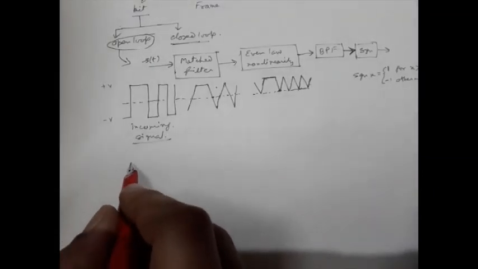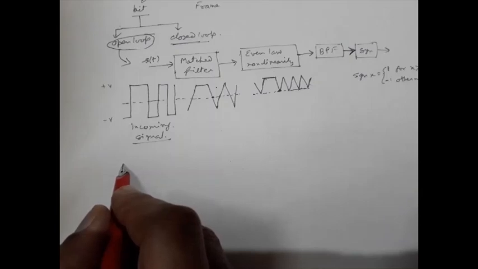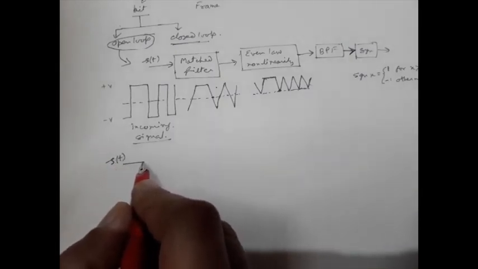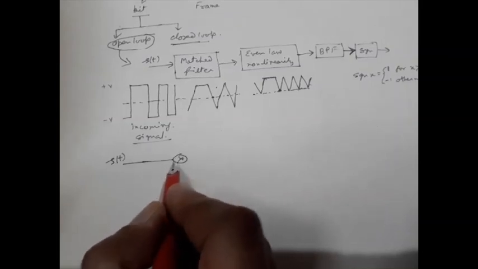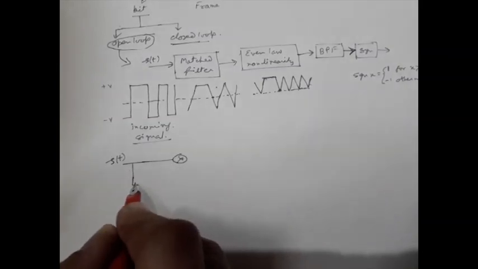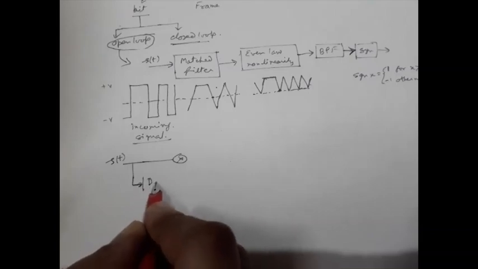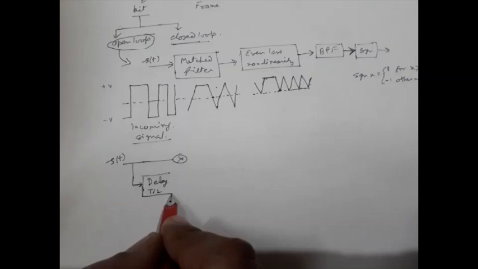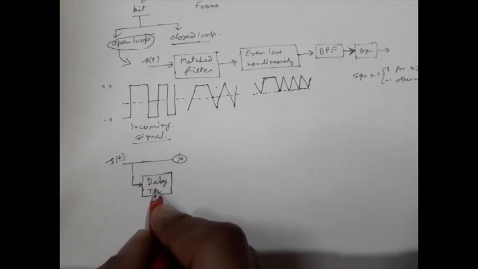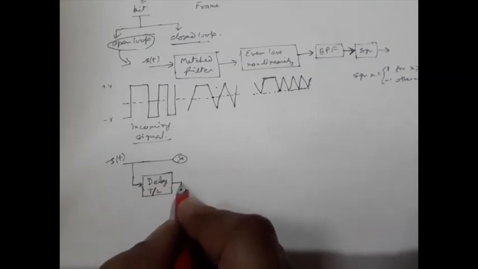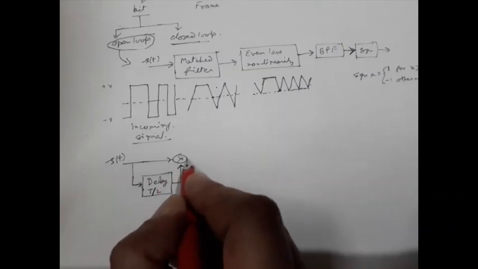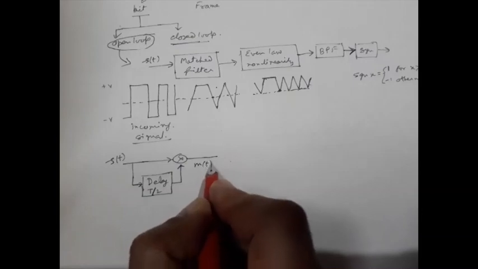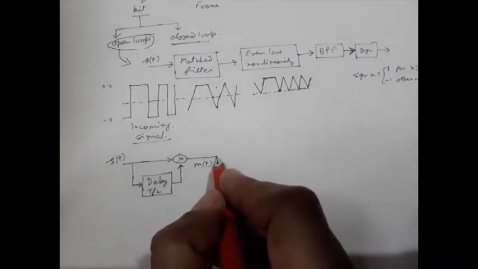So consider another example. Say this is the input signal, we have a delay network that will produce a delay of half bit period that will be multiplied, and the output of this multiplier may be written as m(t).